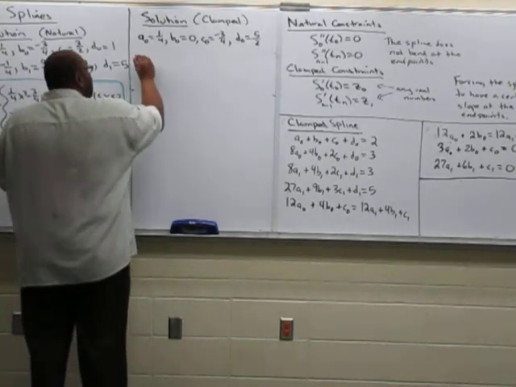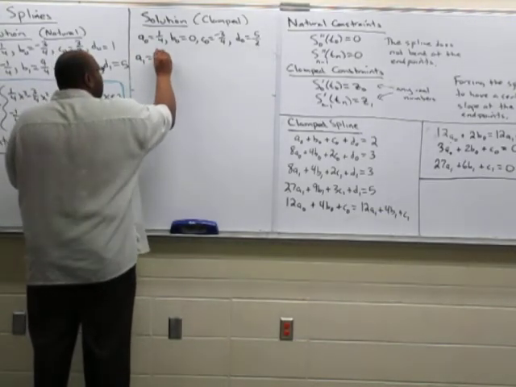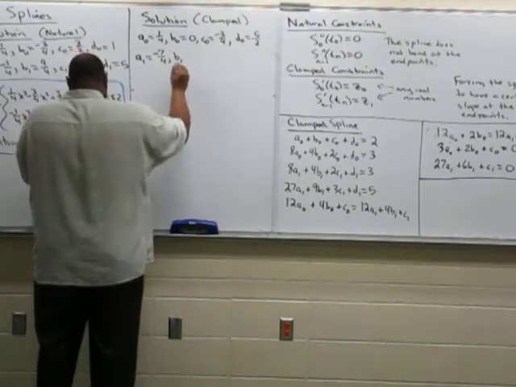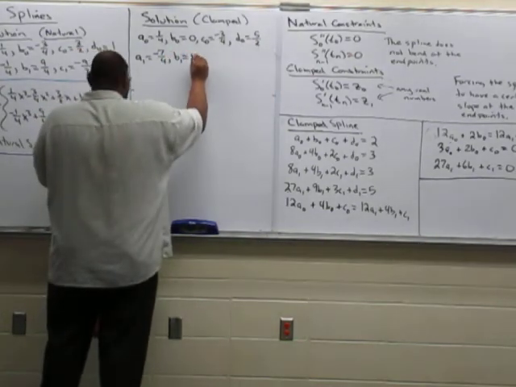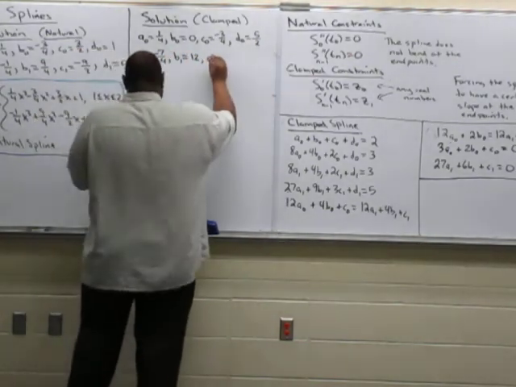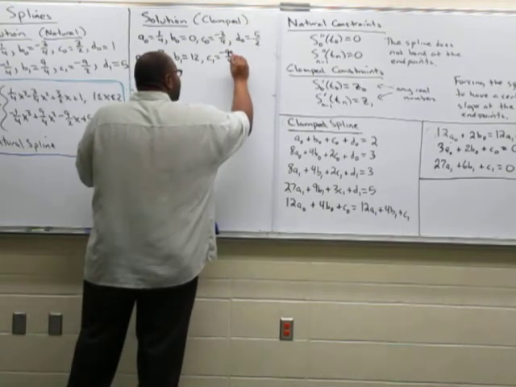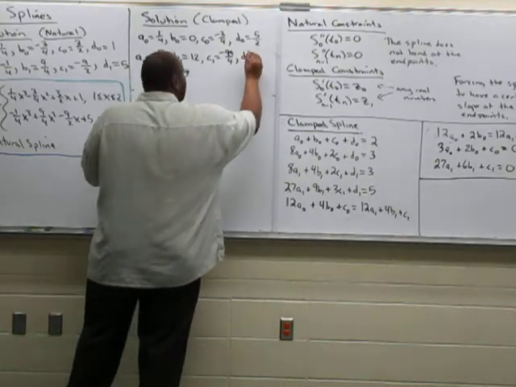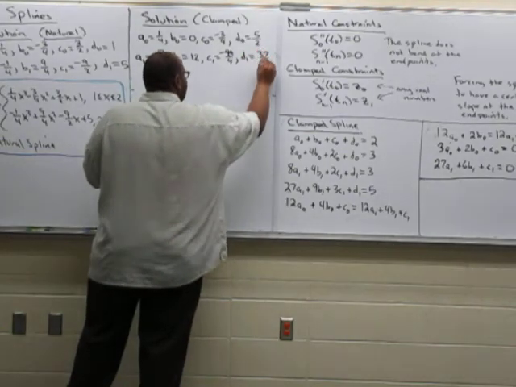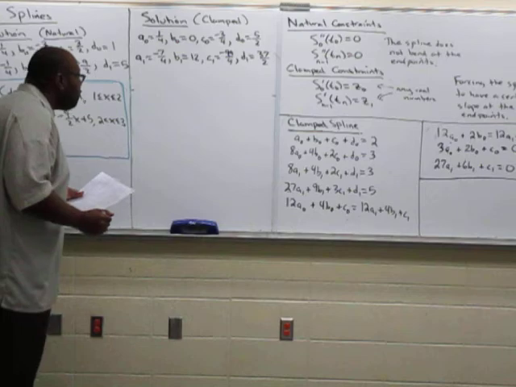And then we have A1 is equal to -7/4. B1 is equal to 12. That's a nice number. C1 is equal to -99/4, and D1 is equal to 37/2. Okay, and this is what I have.